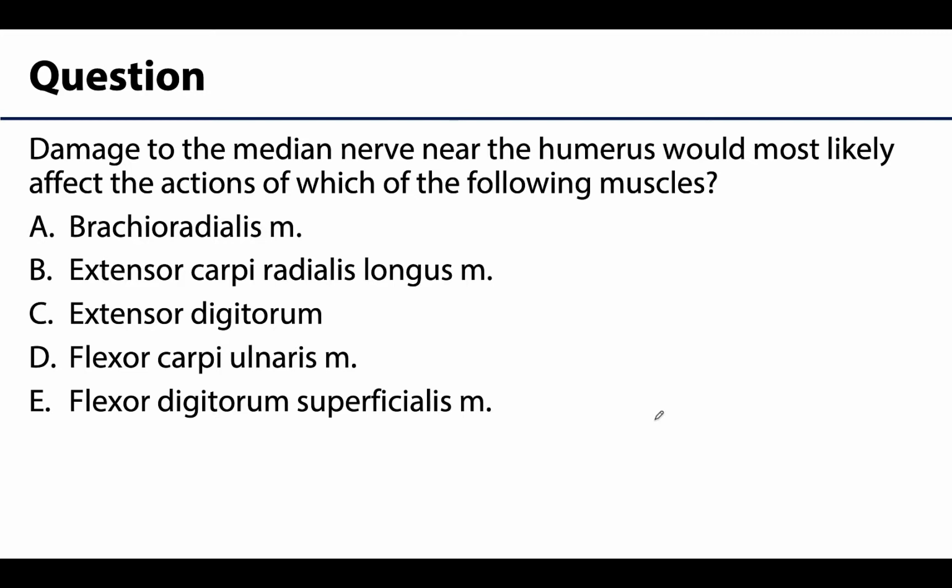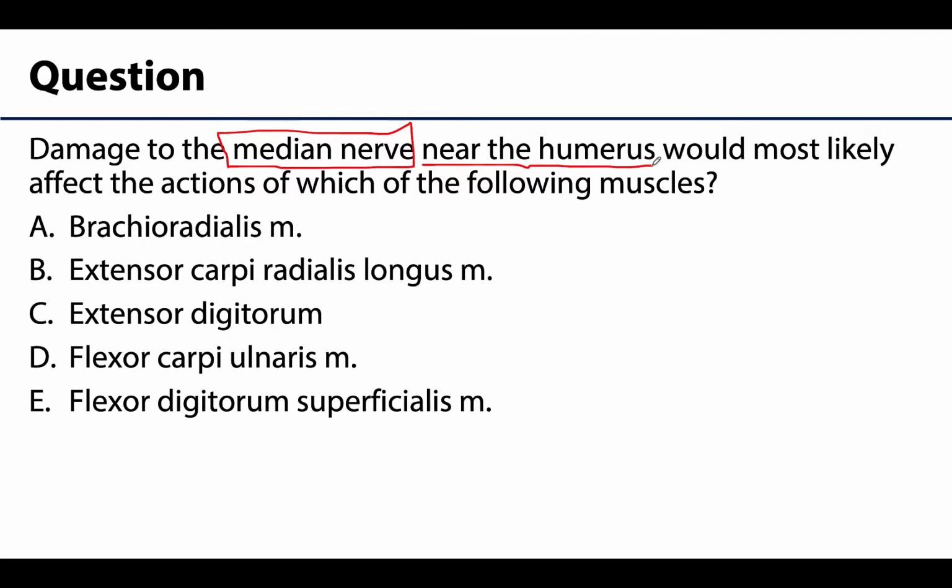And when you're ready, let's first go through the stem to find those key things. Okay, so you know that there is damage to the median nerve. So right off the bat, I'm starting to think, okay, what's going to be innervated by the median nerve? Now, you also have here near the humerus. The reason that I put this in the question stem is, say if you had some type of damage to the median nerve in the carpal tunnel, do you think that would affect these muscles of the forearm as much?